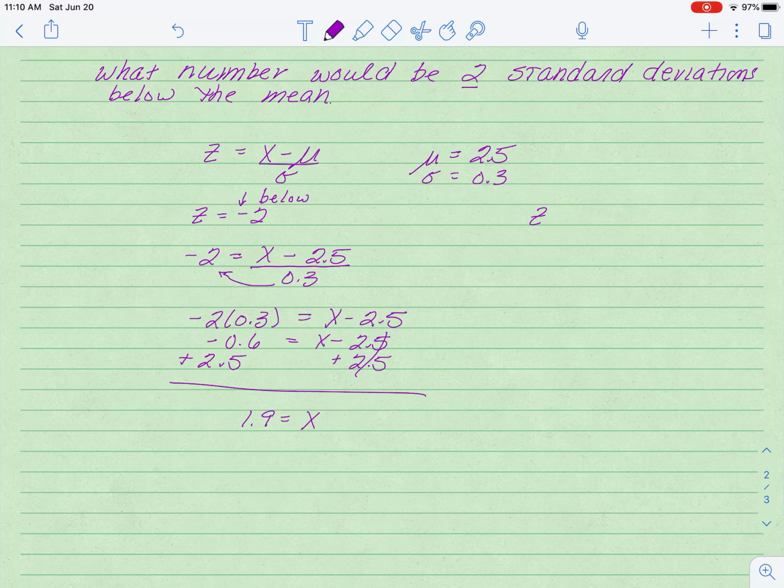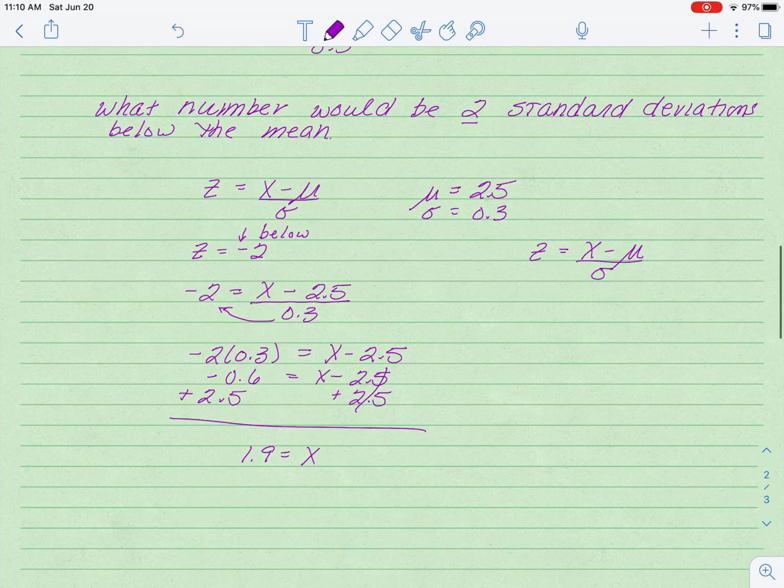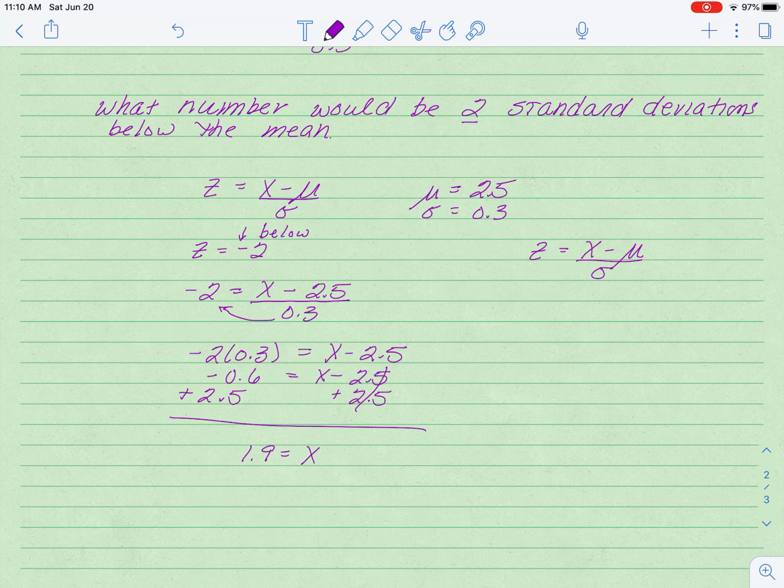Now typically what we do with this equation is find a formula for x. So we either want to find z, the z-score, or we want to find x, the data value. If I solve for x here, I get sigma times z equals x minus mu, and then I add the mu over.